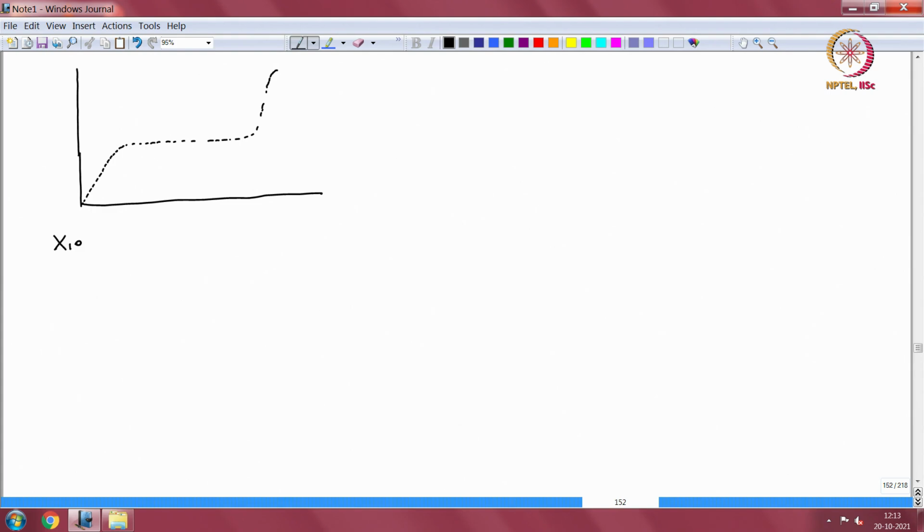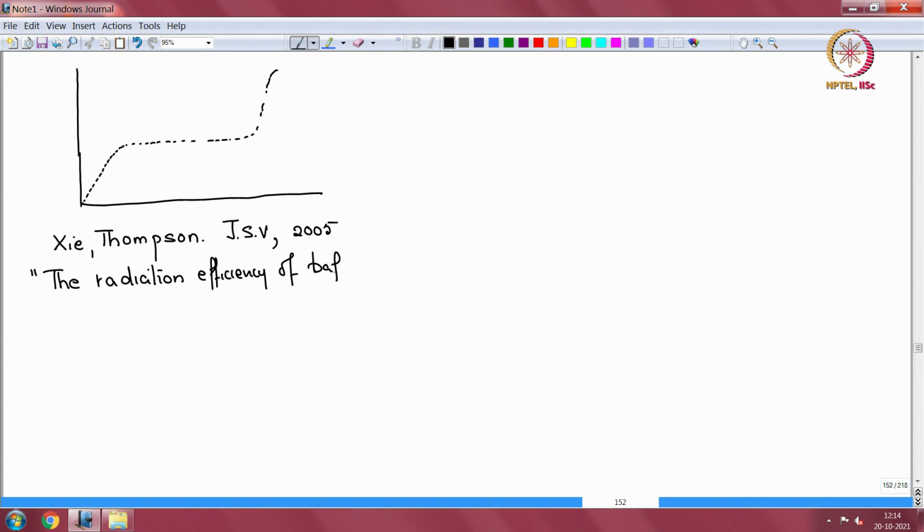One is by N. Thompson in Journal of Sound and Vibration in the year 2005, and it is somewhat titled like this: The radiation efficiency of baffled plates and strips.